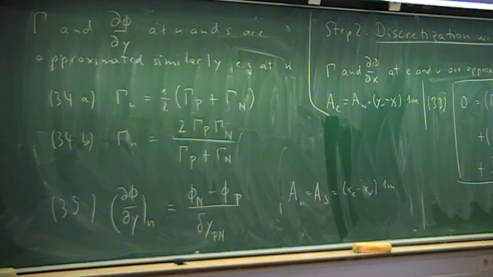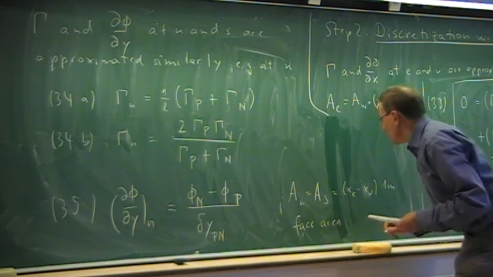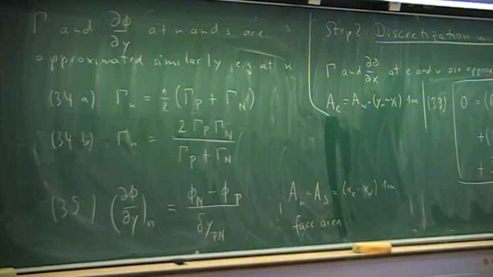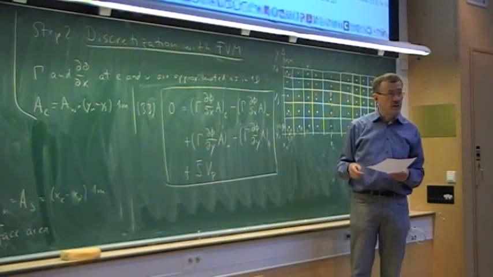That is the face area. That was the face area for east and west, and this is the one. Okay, so then we have the approximations, and then after the break we shall use these approximations in this integral form of the steady diffusion equation.